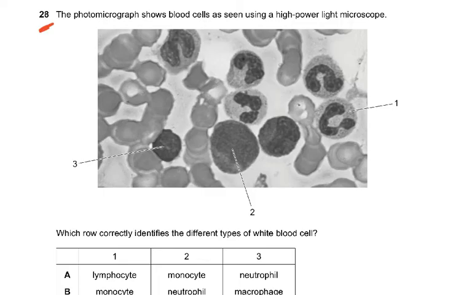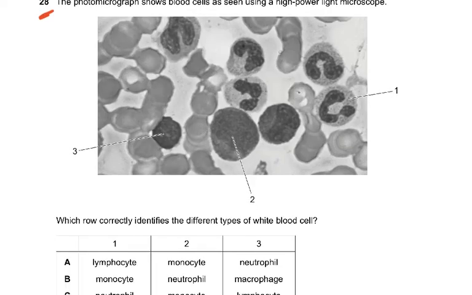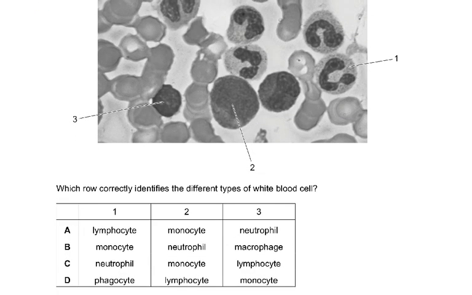Then question number 28, the photomicrograph shows blood cells as seen using a high-powered light microscope. So we have 1, 2, and 3, and basically we've got to label them. So which row correctly identifies the different types of blood cells? Neutrophil, monocyte, lymphocyte. Either you know this or you don't know this.